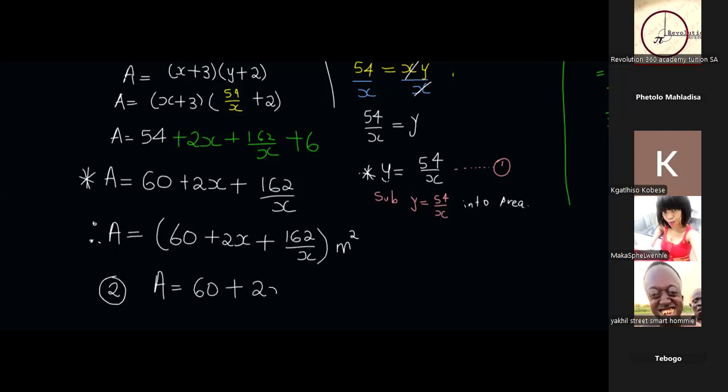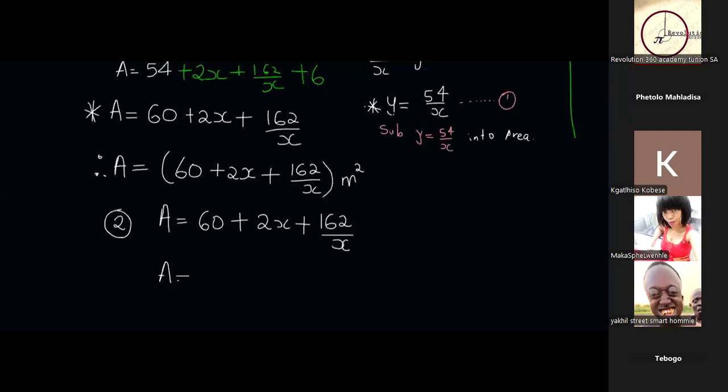We write it in an exponent form, because the reason why we want to write it in an exponential form is for us to be able to differentiate. So that is going to be 60 plus 2x plus 162 x to the power of negative 1.